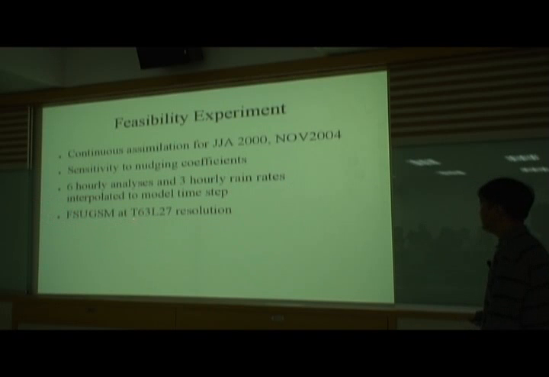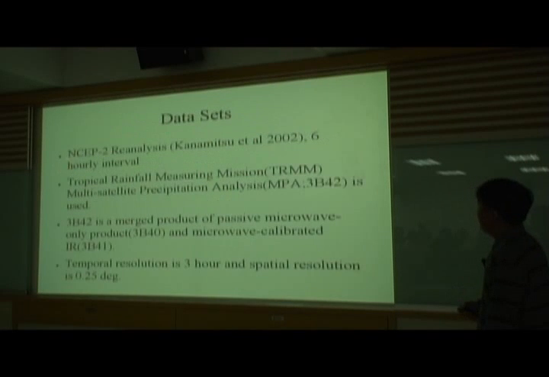The FSU GSM resolution is T63 and R27. To incorporate with this model system, we have to interpolate the rain rate and analysis to this resolution. We have prepared this: the NCEP R2 and TRMM. We use the TRMM MPA, multi-satellite precipitation analysis, 3B42.